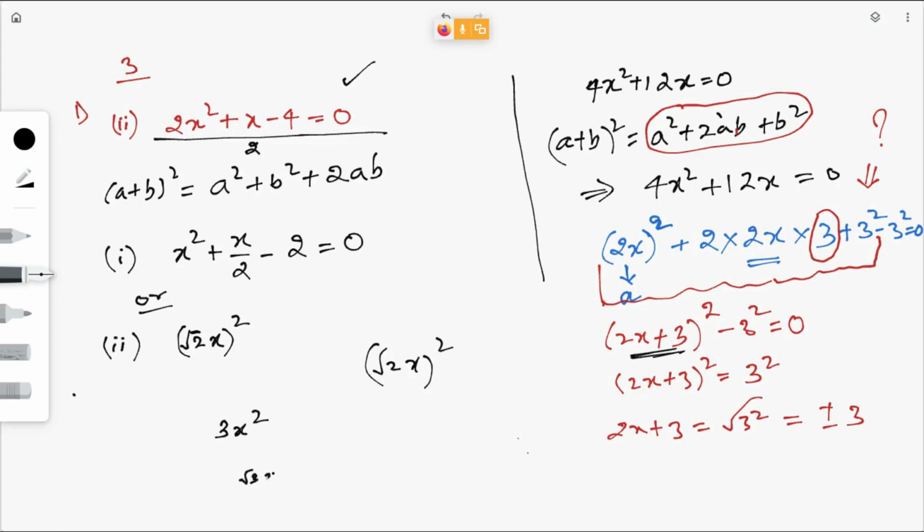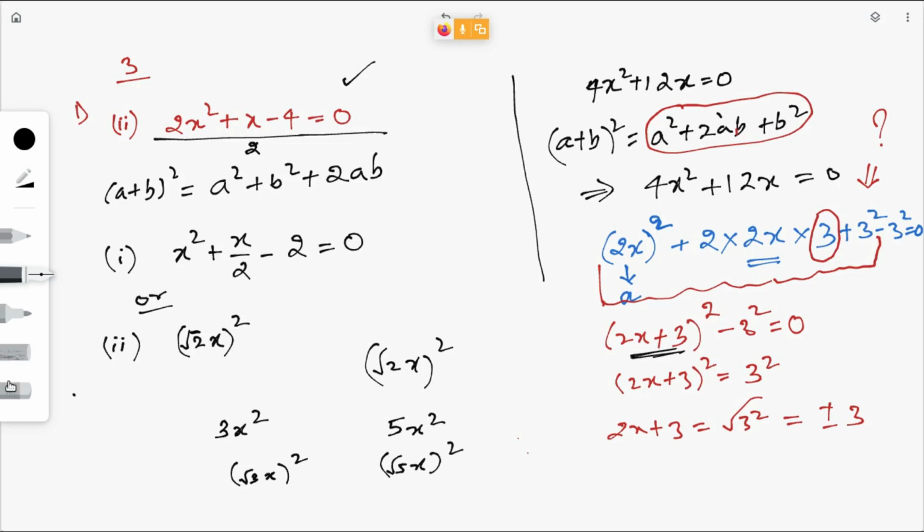Root 3x whole square. Yes or no? 3x square can be written as root 3x whole square. Next, if it is 5x square, Krupa, what will you get? Root 5x whole square. Root 5x the whole square.